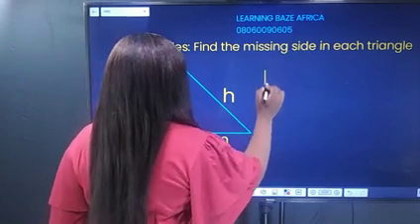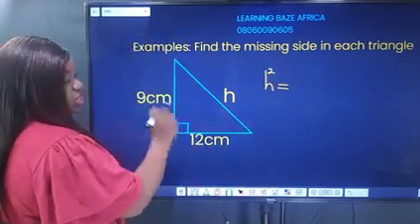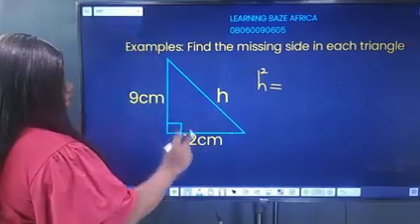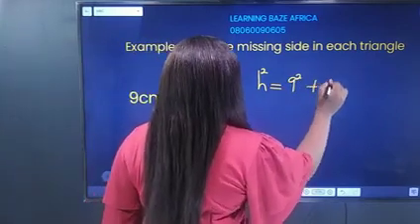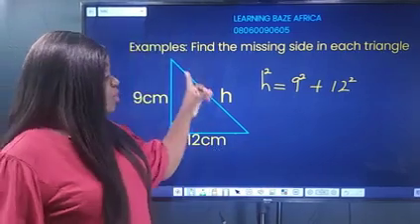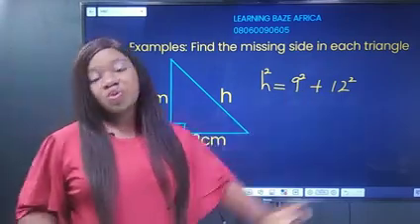That is, the square of the hypotenuse is equal to the sum of the squares of the other sides. That is, the square of 9 plus the square of 12. It is as simple as that. Especially when you're finding the hypotenuse, add up the squares of the two sides.